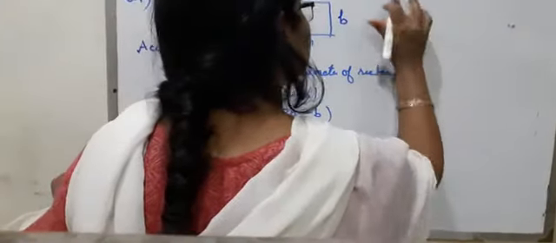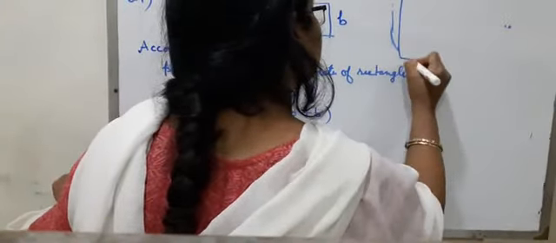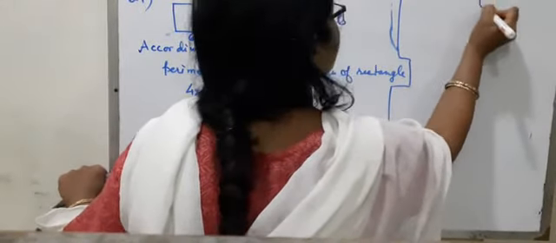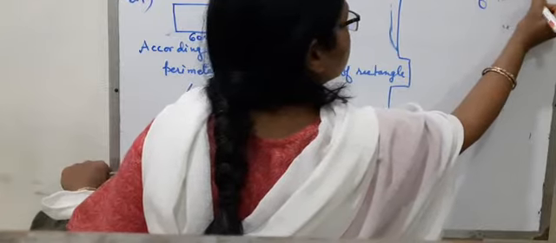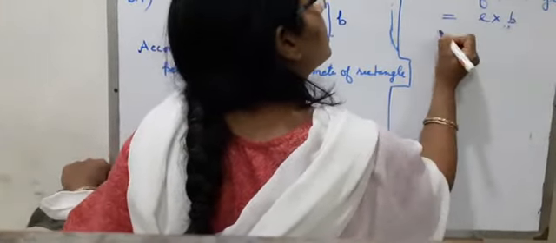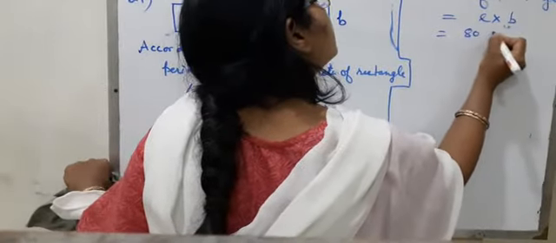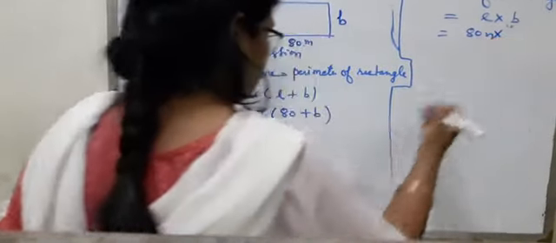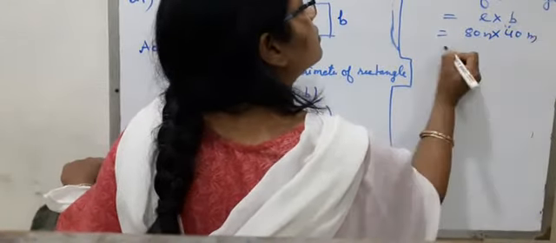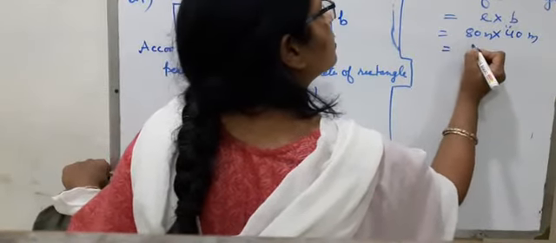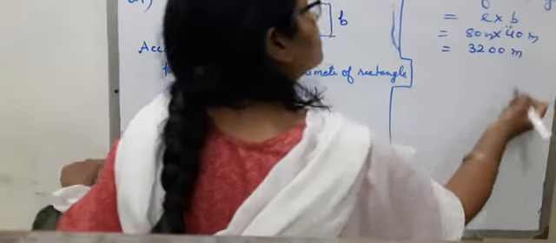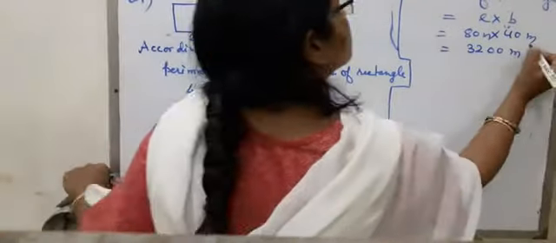Then area of rectangle is equal to length into breadth. Length is 80 meter, breadth is 40 meter. So area is 3200 meter square.